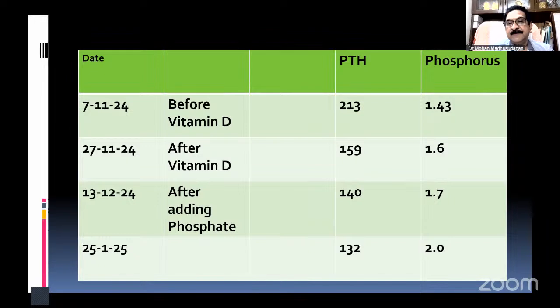After vitamin D, PTH came down, phosphorus increased to 1.6. After adding phosphate, PTH again became low and phosphorus became 1.7. Continued the same treatment. PTH further became low, and phosphorus became almost normal. It's not normal yet. This is the value with adding these two things.